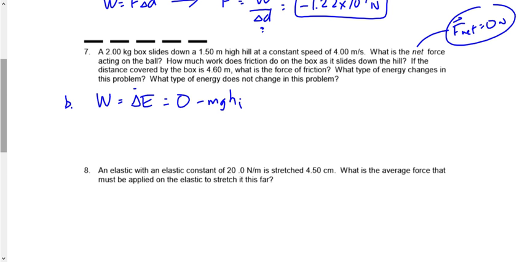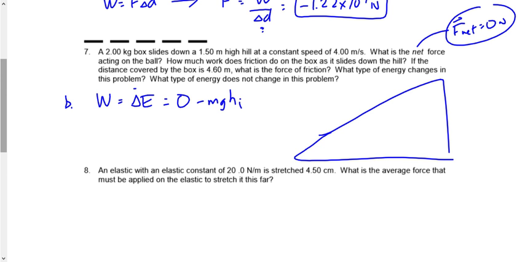So Jonah, we could, in fact, do exactly what you suggested there. Find the angle using how far it goes and the height of the hill, and then find F parallel, and then find the force of friction. Yeah, that would work because we're making the same assumption that I was questioning with yours. We're making the same assumption in what I'm doing here right now, and that is that it's going all the way down the hill. So yeah, it would work.